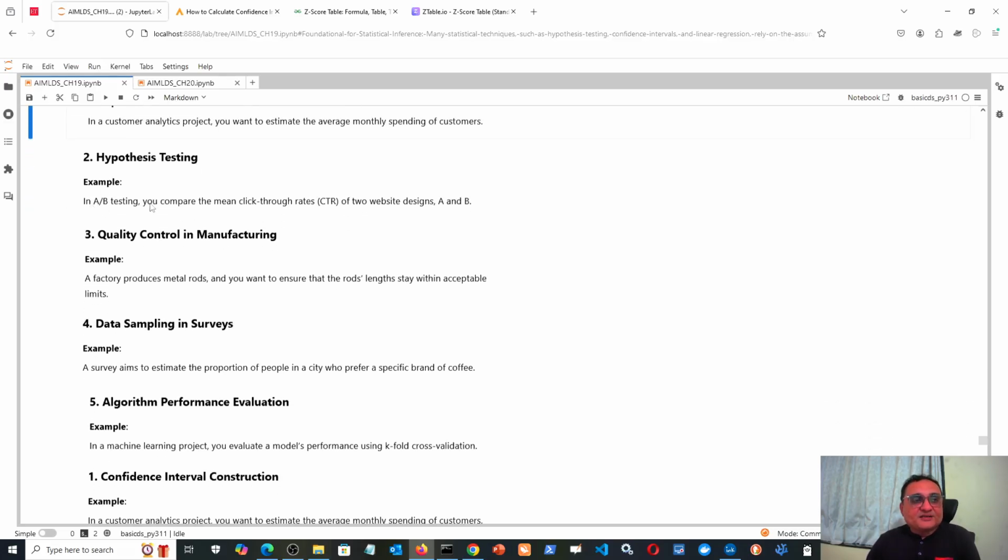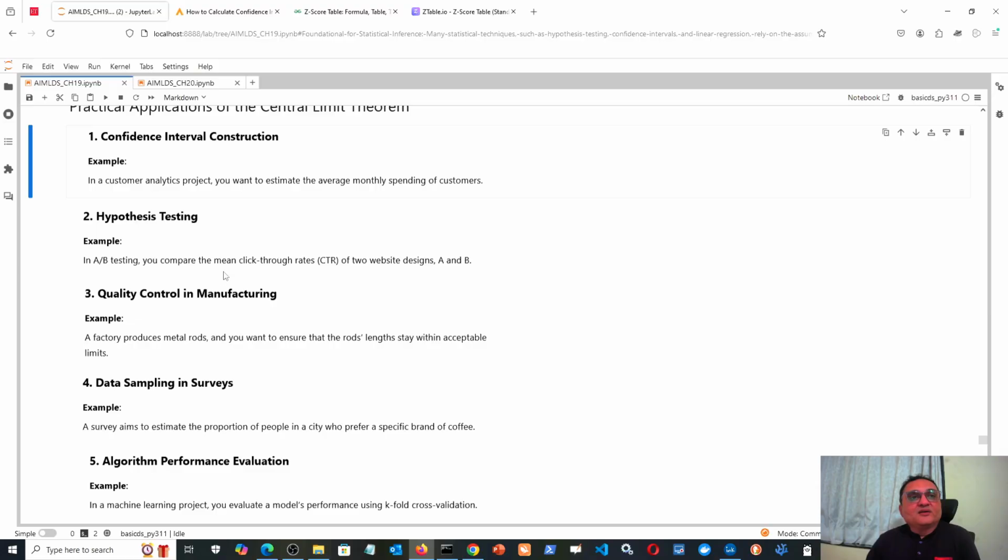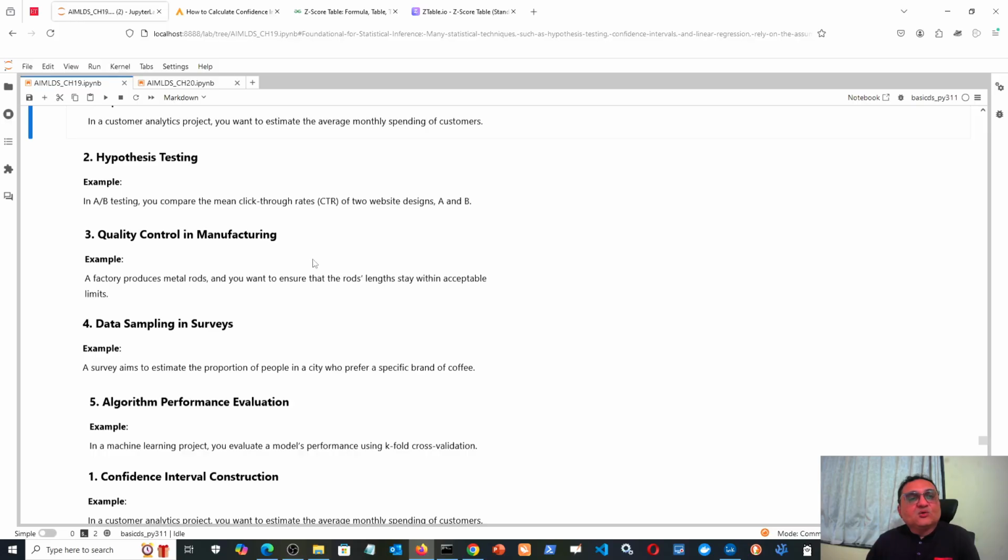Similarly, hypothesis testing. For example, you want to do A/B testing of two different versions of the same website, and you want the mean click-through rate for the two website designs A and B. Then quality control in manufacturing. For example, a factory produces metal rods, and you want to ensure that the rod length stays within some acceptable limit. So suppose the rod length has to be exactly say 25 centimeter plus or minus 1 millimeter.